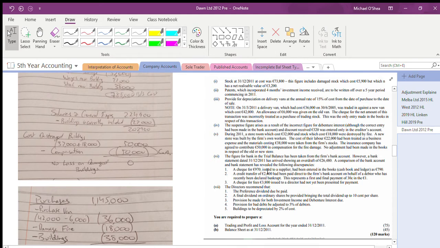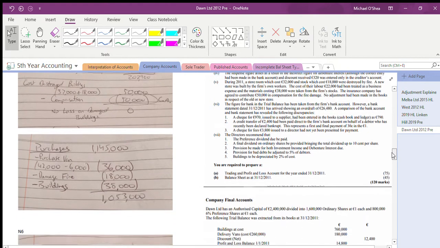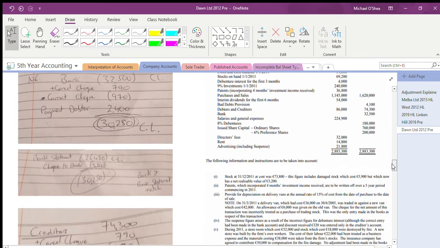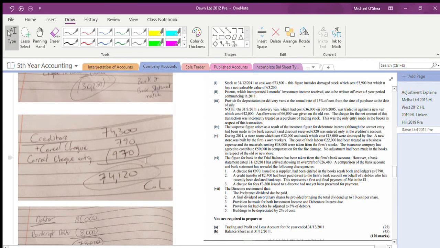Bank notes, again, this usually causes people a little bit of issue. So as normal, the first two here are to do with changing the company's bank account. A check for 970 issued to a supplier, so I'm paying a creditor 970 euro, has been entered as 790. So I'm going to look at my creditors here. 74,300 is my balance in creditors.